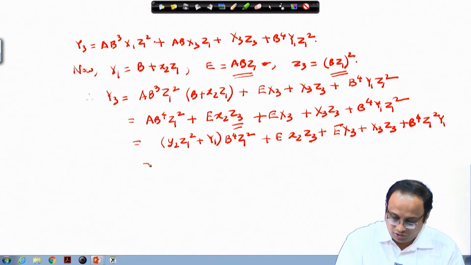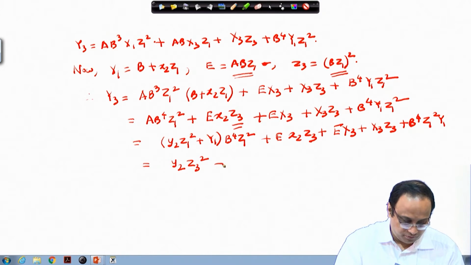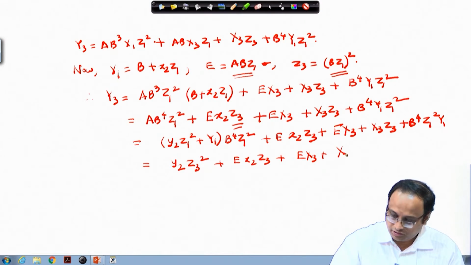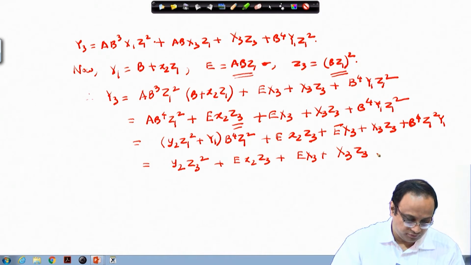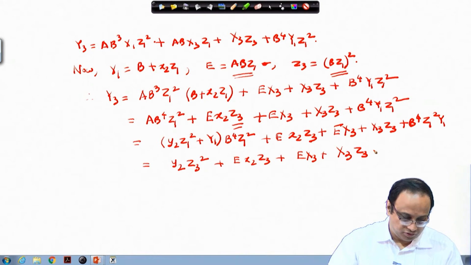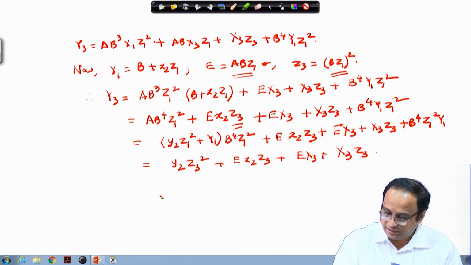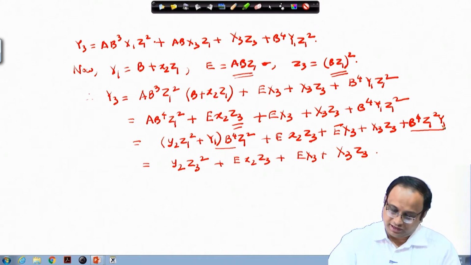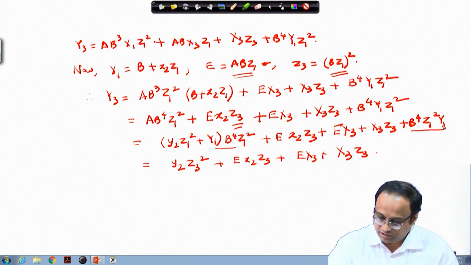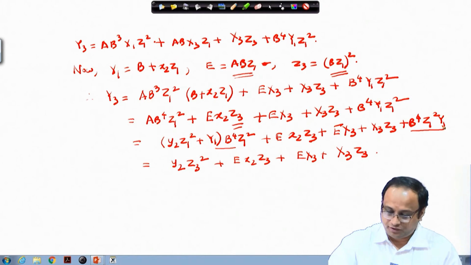So this becomes equal to y2 z3 square plus E x2 z3 plus E x3 plus x3 z3, okay. So, you can see that the b to the power of 4 z1 square y1 terms cancel off, and this is essentially the term that I have, okay, finally.